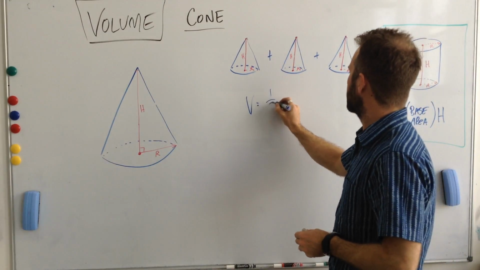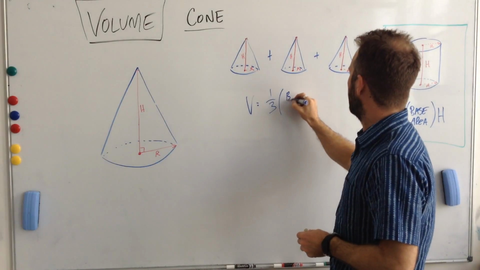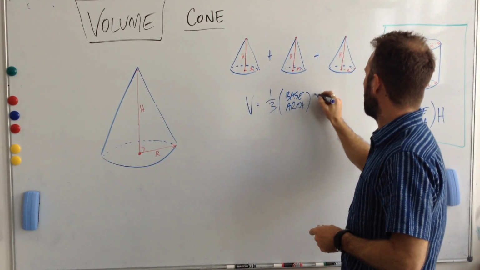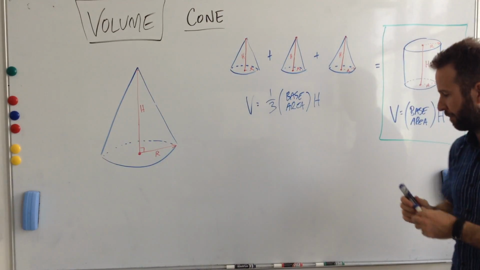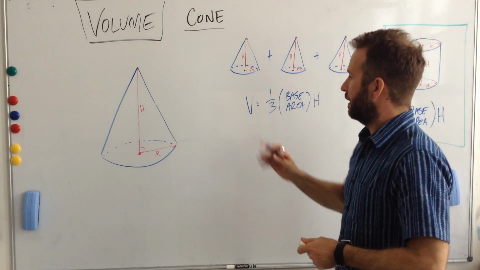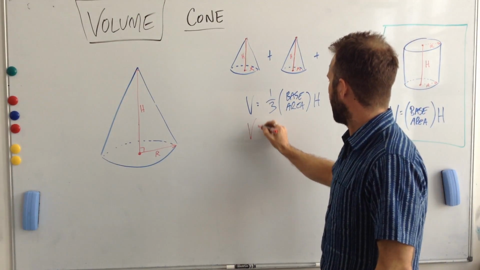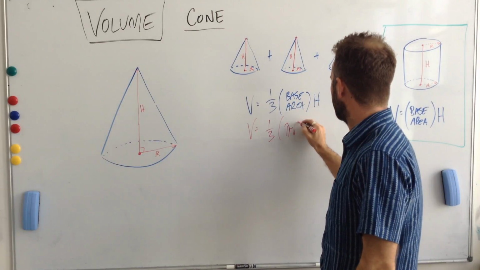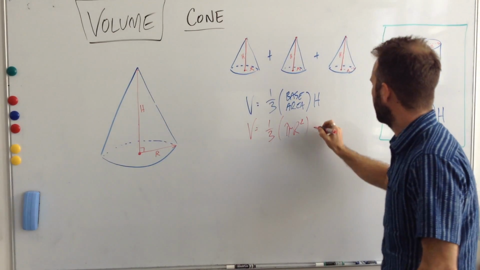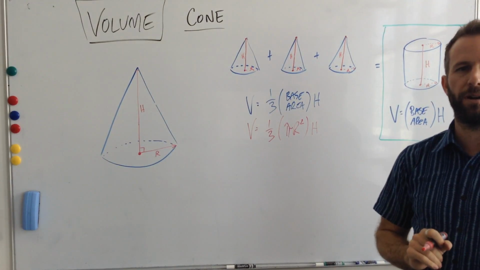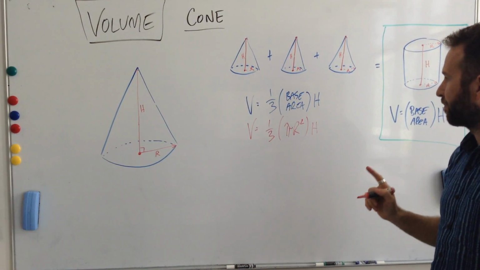In other words, it's a third of the base area multiplied by our big H. Now, of course, we're dealing with a base area of a circle, so let's put the actual formula together. The base area is pi r squared multiplied by big H. So here we are. This is the formula for the volume of a cone.